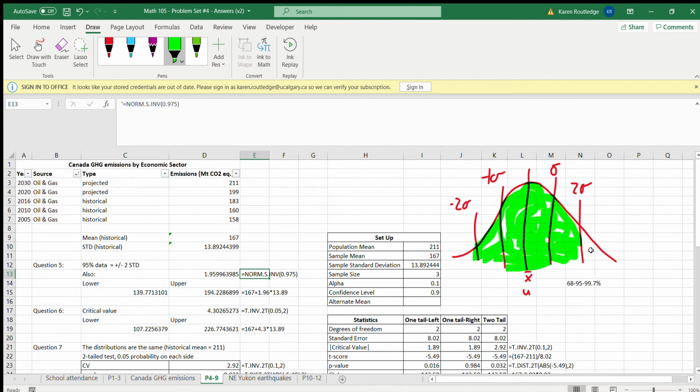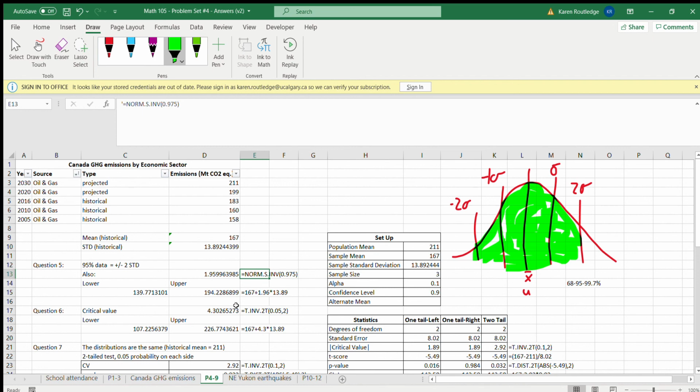So that's 2.5% over there. That's what the Excel function needs. It always calculates from the left and up. So we need to leave that last half of the 5%. So we plug in 0.975 and it tells us, instead of 2.0 standard deviations, it's actually 1.96 standard deviations away. And that is what gives us a total of 5%, or 2.5% on either side.